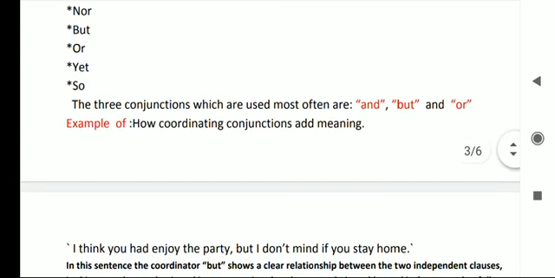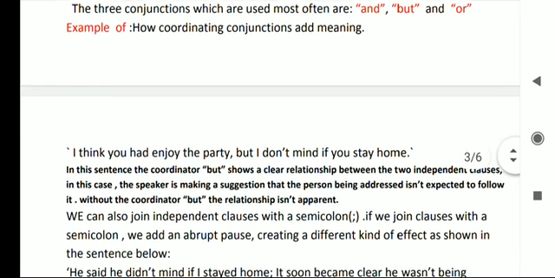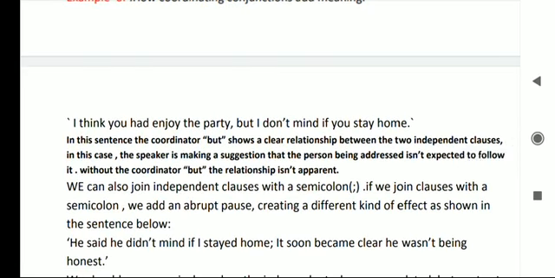Now example of how coordinating conjunctions add meaning. Example है, I think you had enjoyed the party, but I don't mind if you stay home.